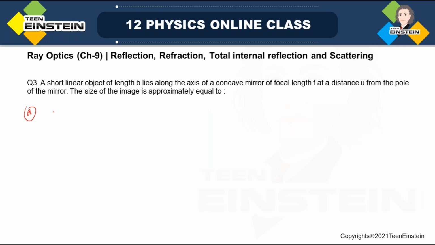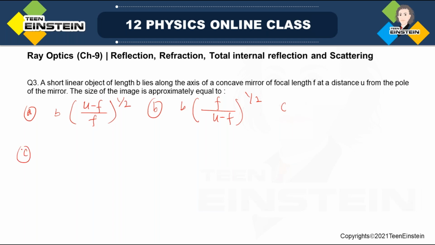Option A: the size of the image is b times u minus f divided by f, whole to the power half. Option B is b times f divided by u minus f, whole to the power half again.